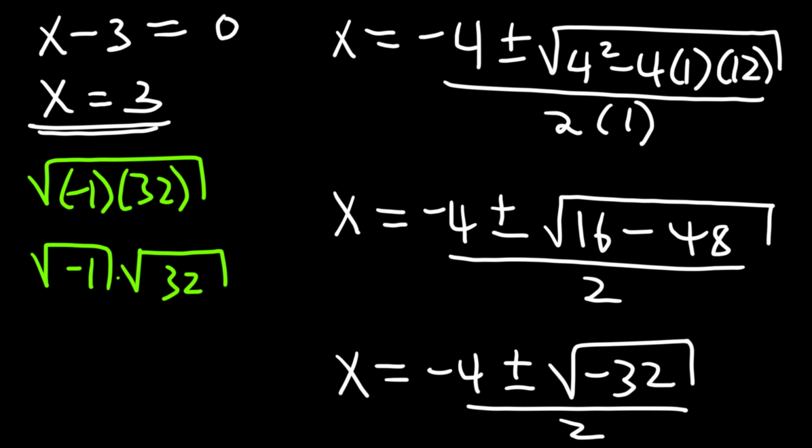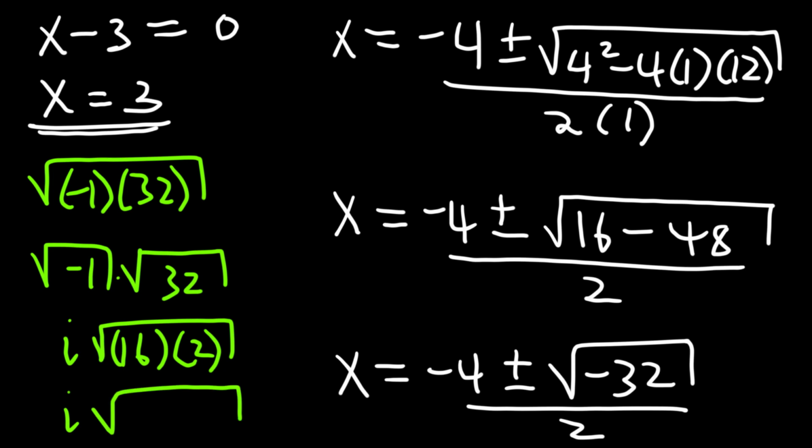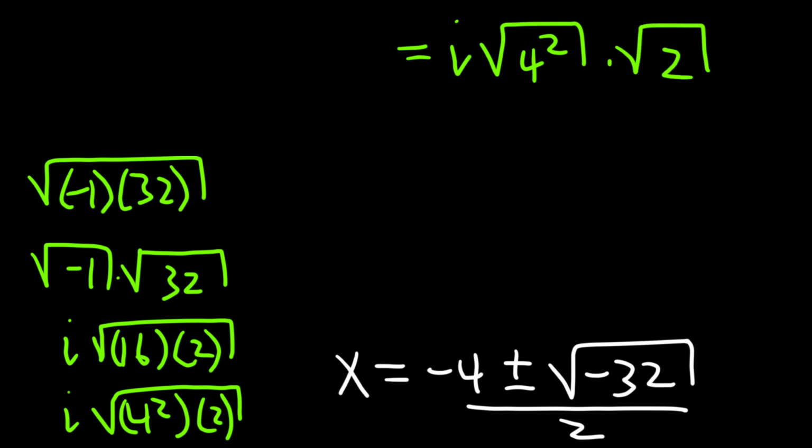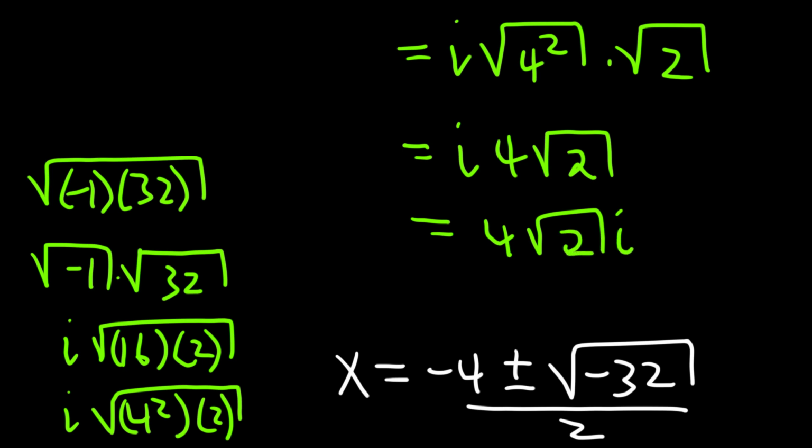So this will give us i times the square root of 16 times 2. And 16 is the same as 4 to the power of 2. So we shall have i times the square root of 4 to the power of 2 times 2. This will give us i times the square root of 4 to the power of 2 times the square root of 2, which is equal to i times 4 times the square root of 2, which can also be written as 4 square root of 2 times i.